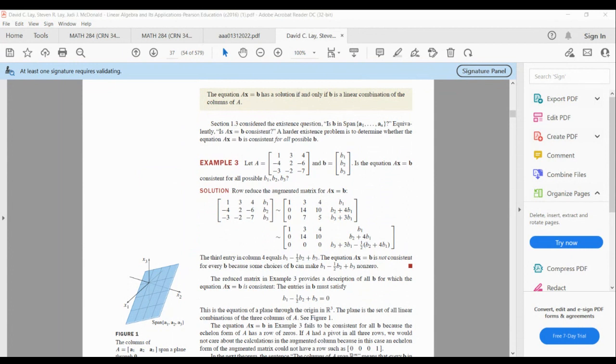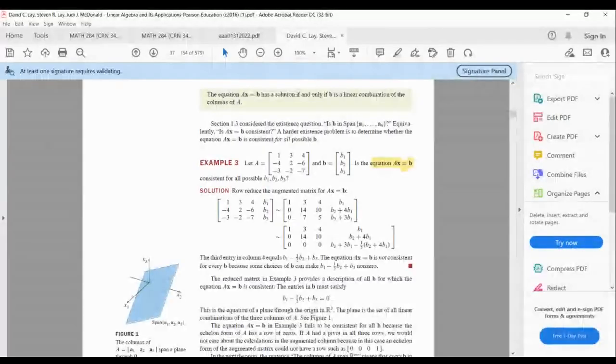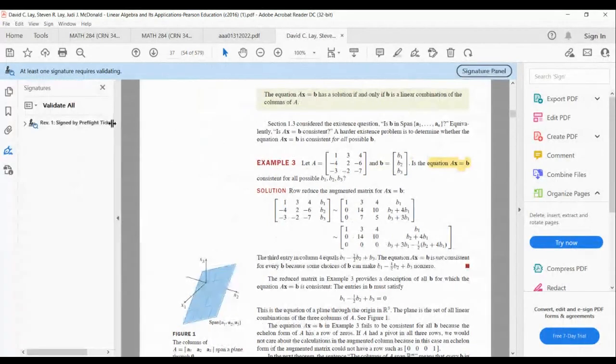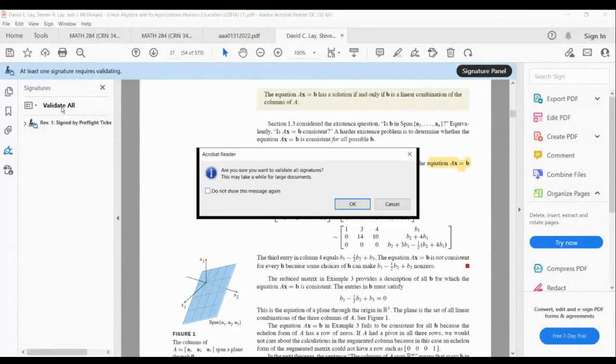Okay, so this is an interesting one here, example 3. There's a matrix A and a vector b, and they want to know, is the equation Ax equals b consistent for, hold on, did I lose the book here? Did we go blank? Hold on. All right, one moment.